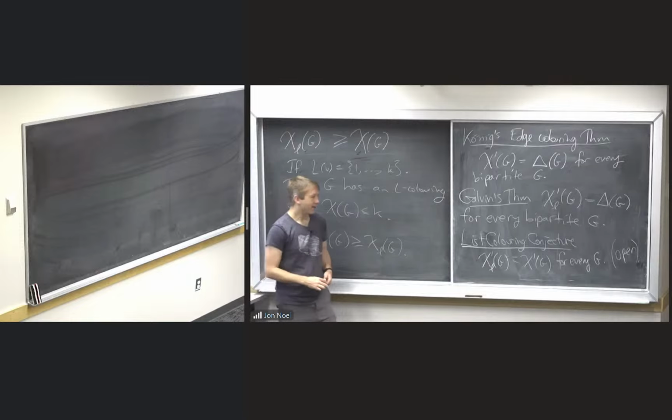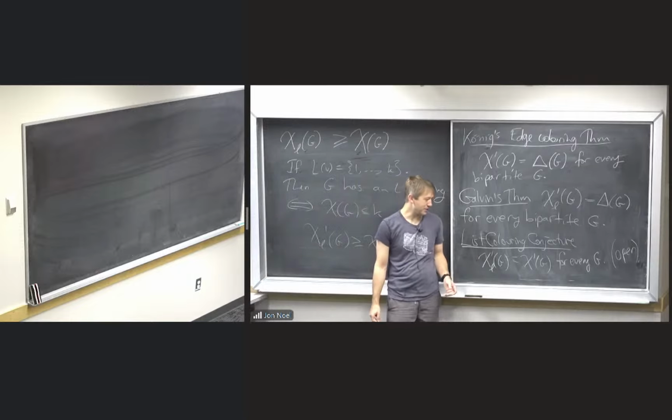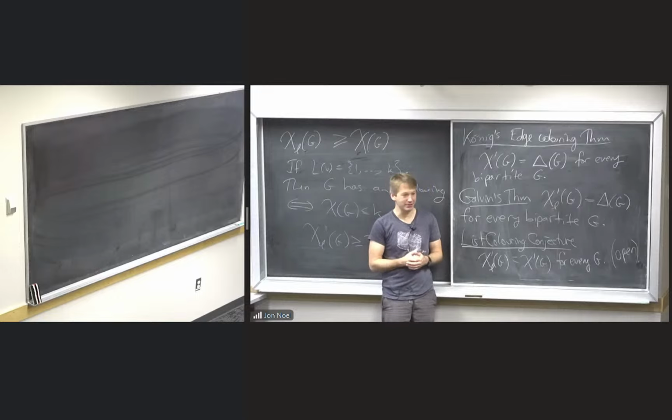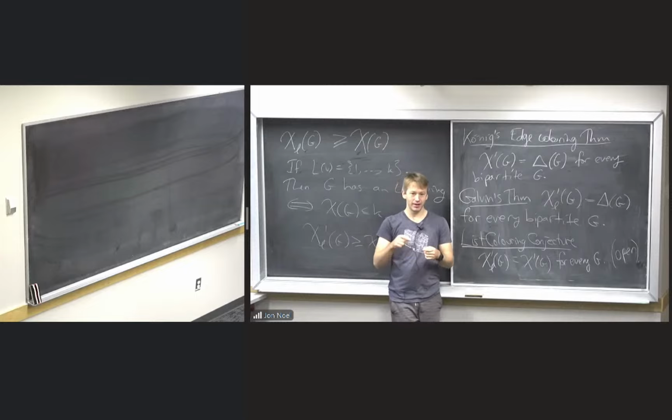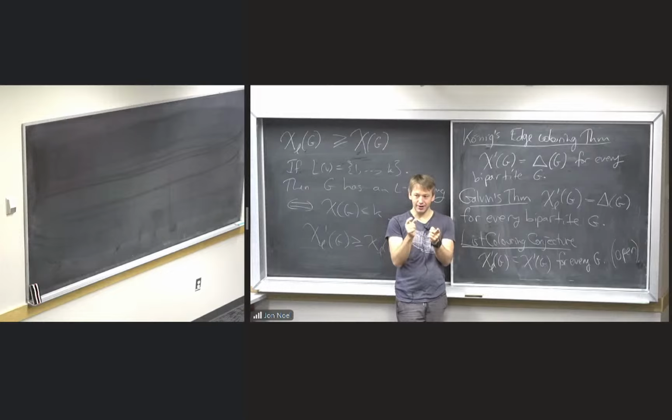I guess any graph that has been checked has, because otherwise we'd have a counterexample. But probably the most famous result where we know a big class of graphs that satisfies this conjecture is this one. It's known that this is kind of asymptotically true, that the list chromatic index is at most, let's say, 1 plus epsilon times delta, if delta is sufficiently large.